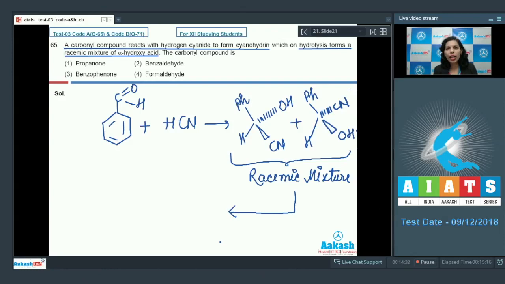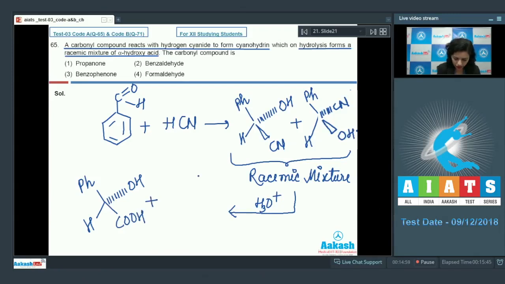Now, if this is hydrolyzed, it will form the racemic mixture of alpha hydroxy acid. Definitely on hydrolysis, the products formed would be alpha hydroxy carboxylic acid.